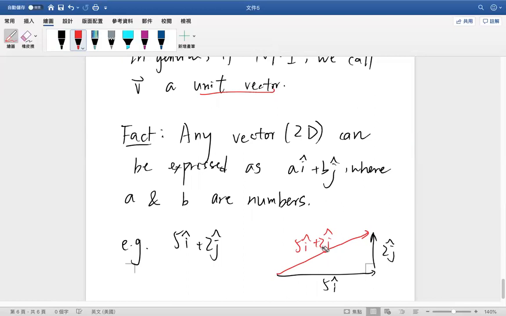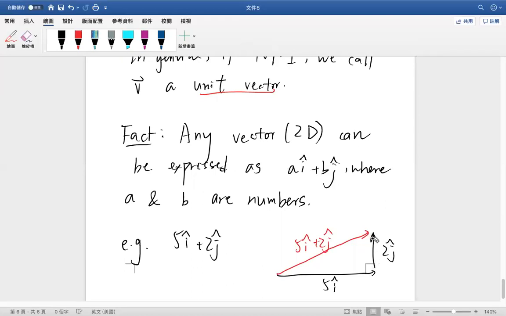So you can imagine why the fact above can hold, right? Because if you think about it, a and b are just trying to scale this horizontal vector and the vertical vector here.